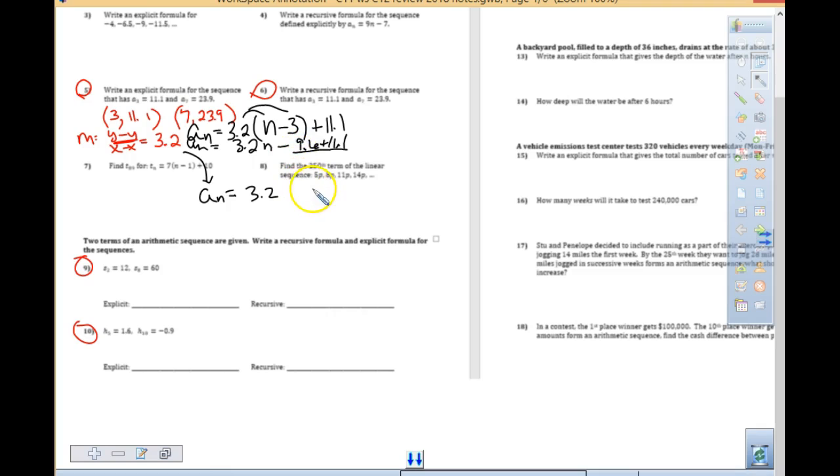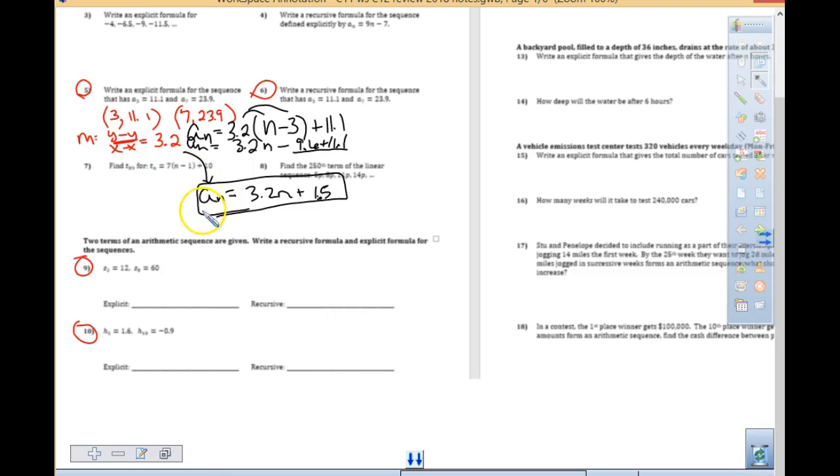11.1 minus 9.6 gives us 1.5. So this is my equation explicitly in slope-intercept form.